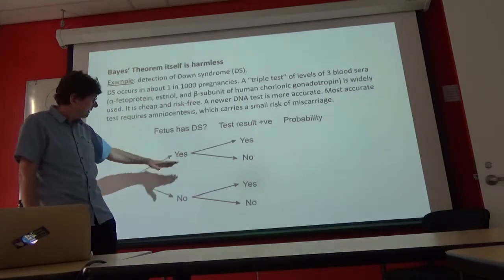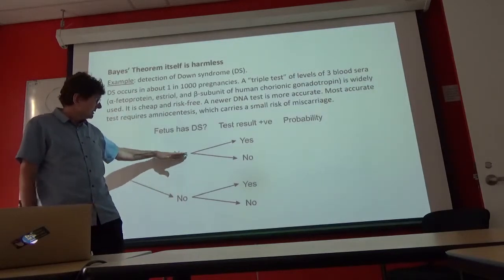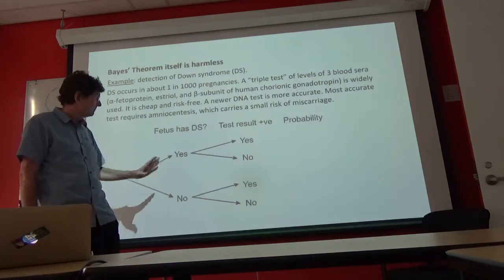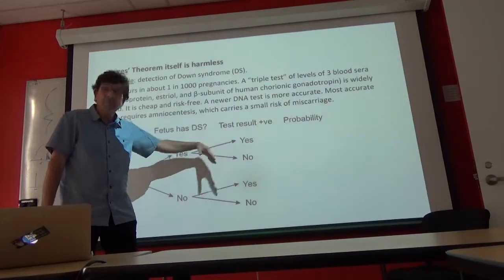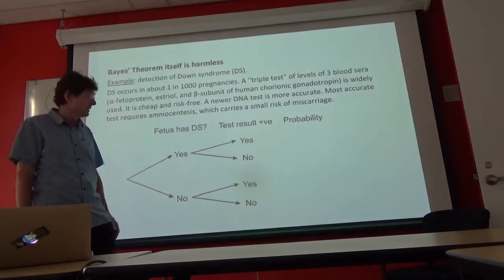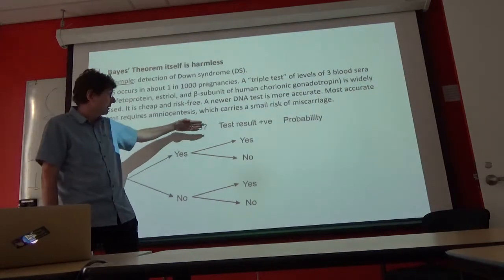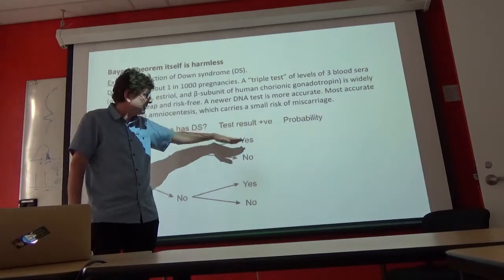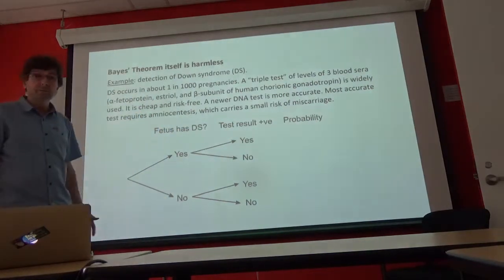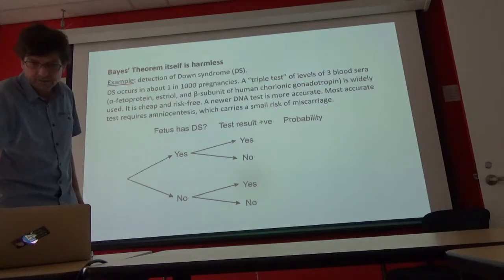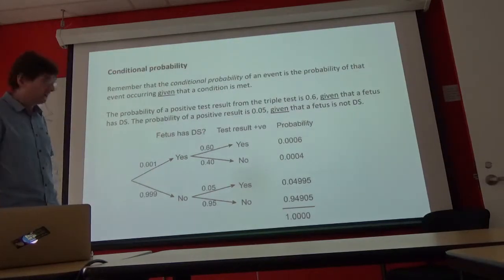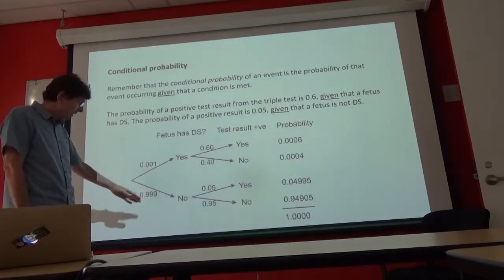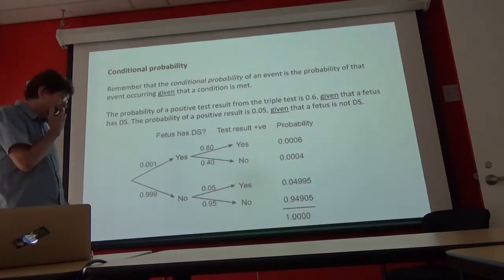The way the probability tree works is that for each of the outcomes of the first trial, there are alternative possible probabilities of outcomes for the second trial. And I'm going to use a tree to model the test results as being yes or no, the triple test results, and the probabilities of all those outcomes. So here they are. 1 in 1,000 fetuses has Down syndrome, and the other 999 do not.